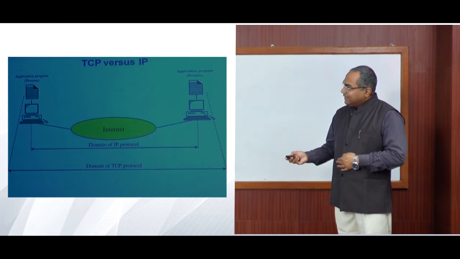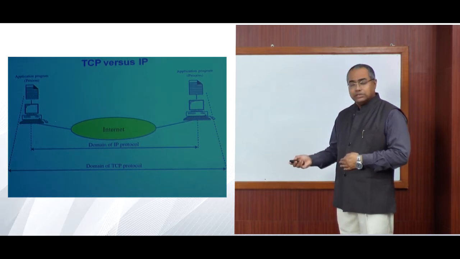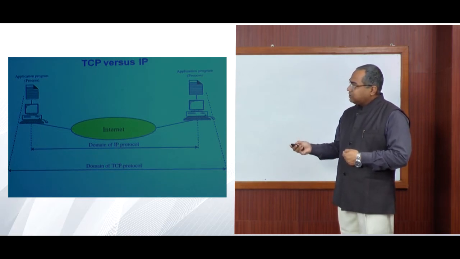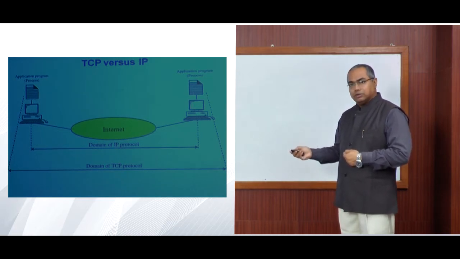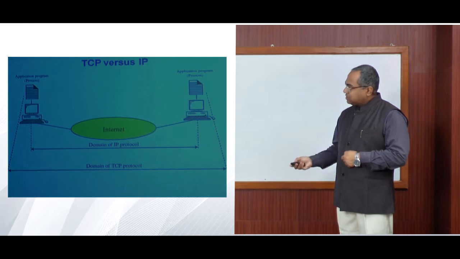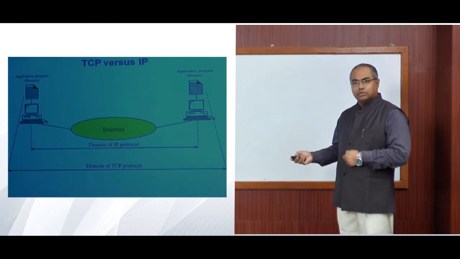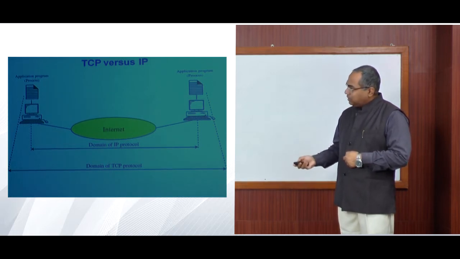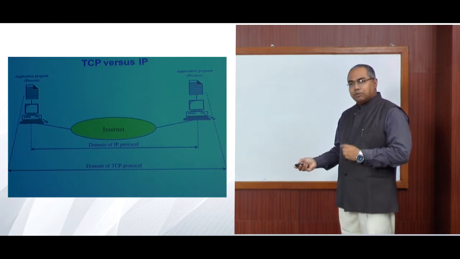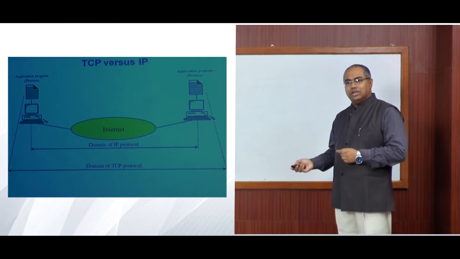TCP's job is to take the data from the correct process on my machine, that is the Chrome process, to the correct application server process on the Google server machine, and do the reverse job, that is getting the data from the Google server process to my Chrome browser process. This responsibility lies with TCP: process to process delivery.